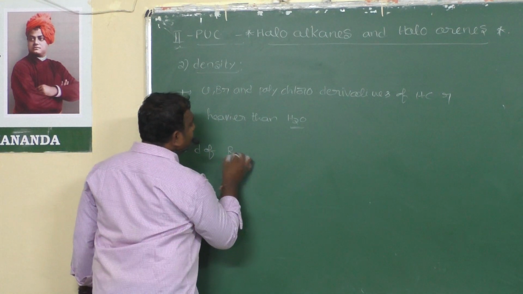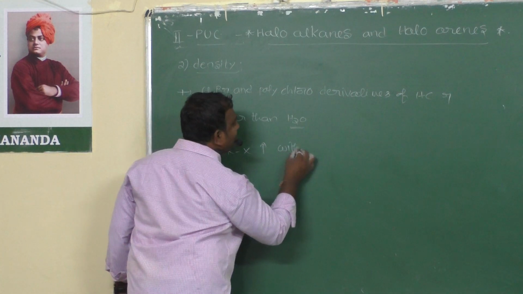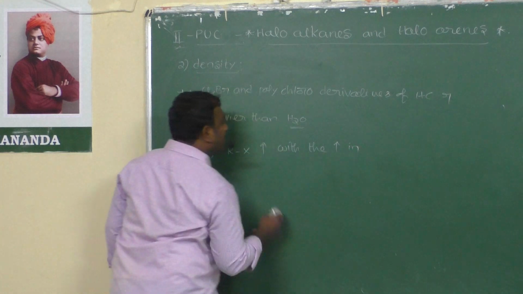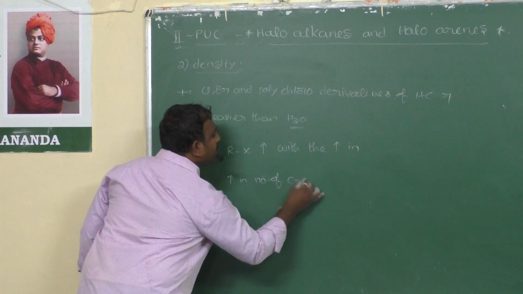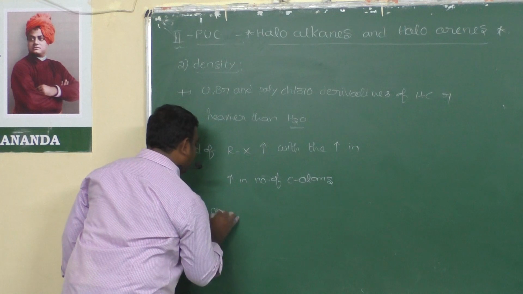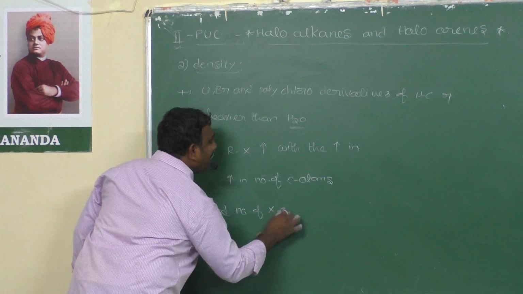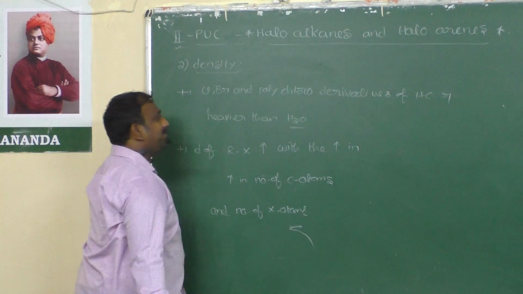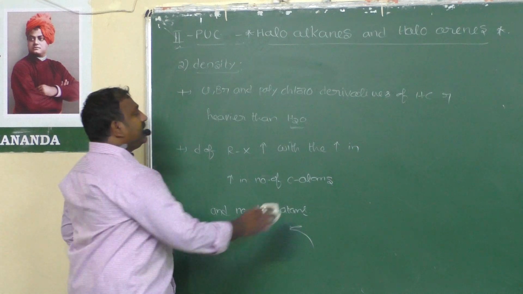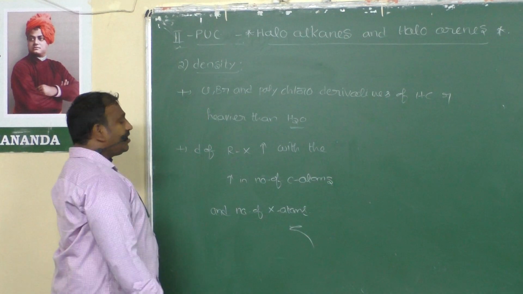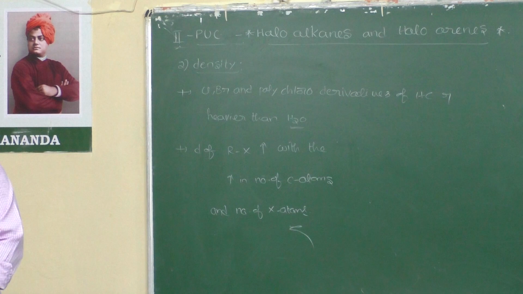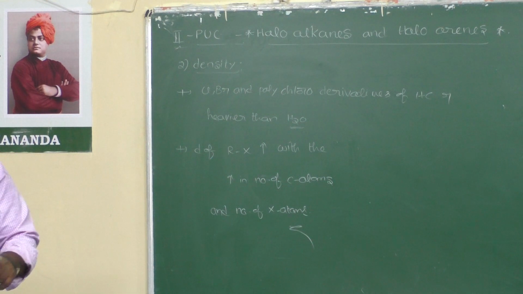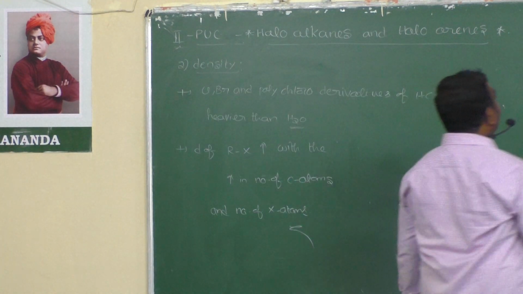The density of alkyl halides increases with the increase in number of carbon atoms and the number of halogen atoms.